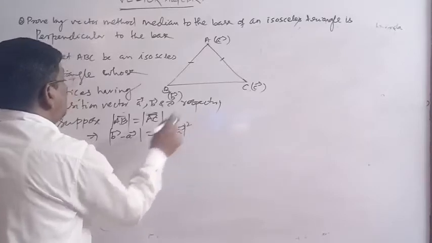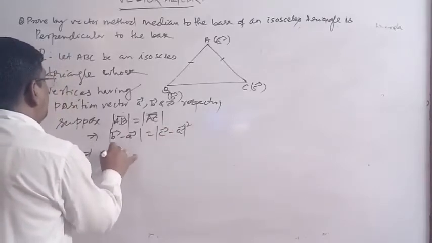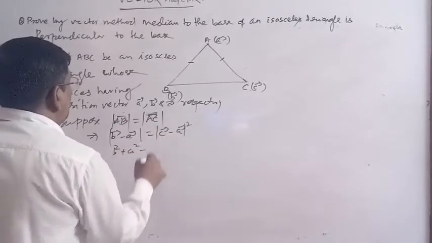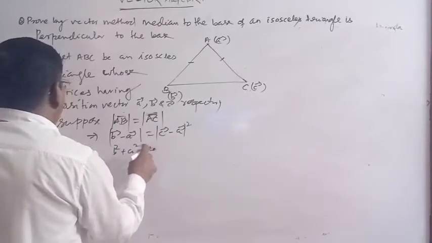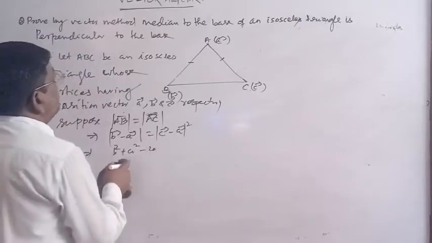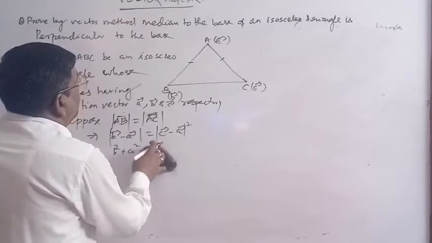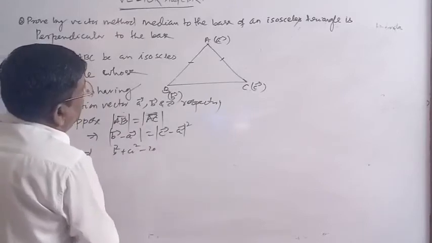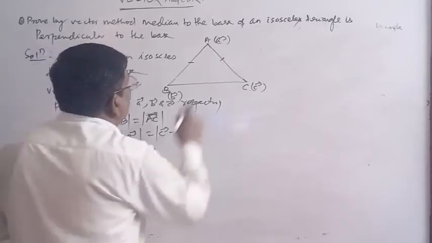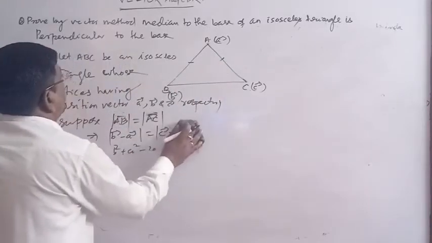So squaring both sides, that is equal to what? B square plus A square minus 2AB. It will be easy if we take the origin.